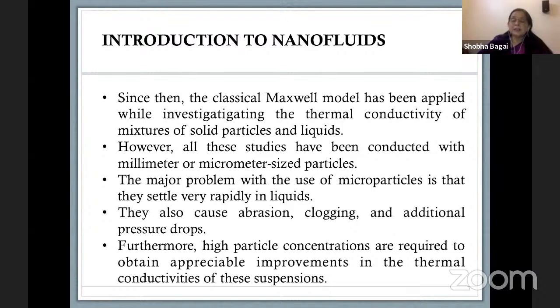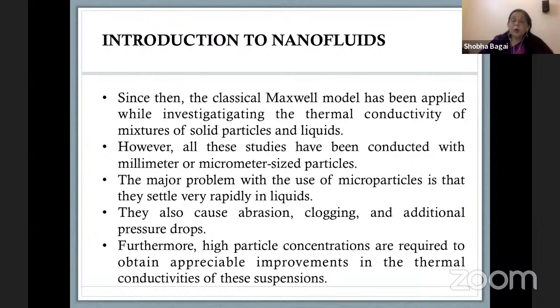Because of their mass, they settled down very quickly at the base, so instead of a homogeneous mixture, you had a layer of solid particles and a layer of the base fluid. In the case of a porous medium, the pores were clogged by the small solid particles introduced into the fluid.